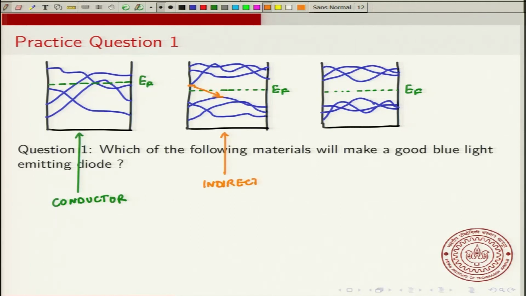This is just based on this band structure, whereas in this case the bottom of the conduction band and the top of the valence band are aligned, and this is a direct band gap. So it is this that will make a good light emitting diode. I do not want to say blue light emitting diode; I meant it will just make a good light emitting diode.